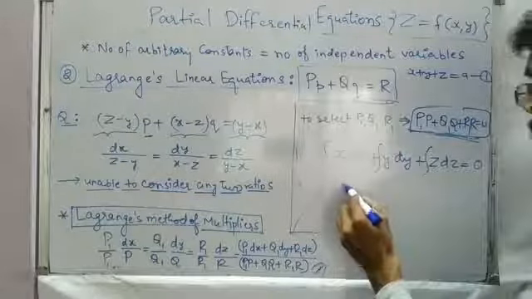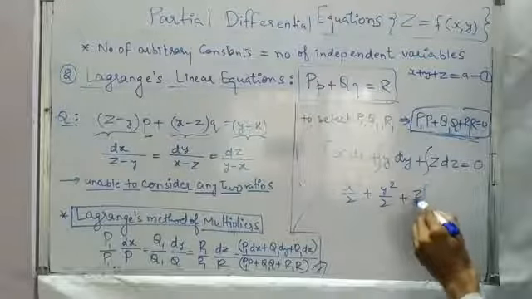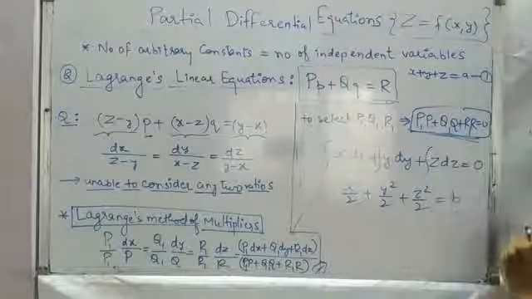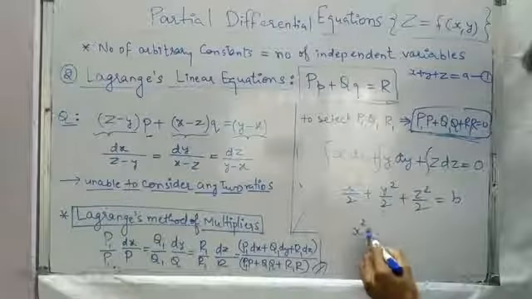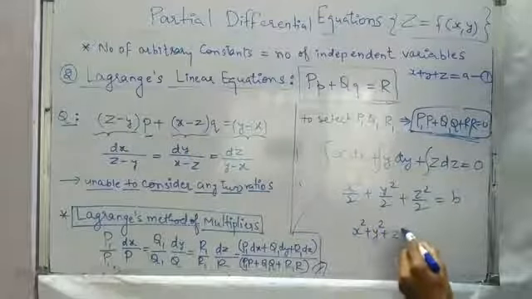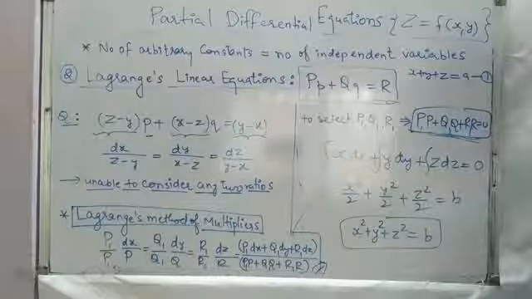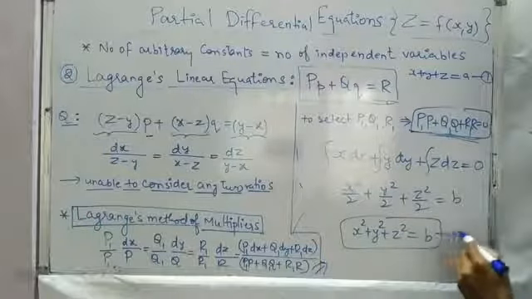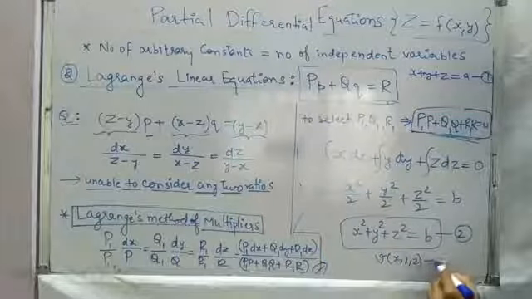We have x square by 2 plus y square by 2 plus z square by 2 is equal to another arbitrary constant, we are going to take it as b, or we can write it as x square plus y square plus z square is equal to b. That 2b we can again write as another constant. So we have the second function v of x comma y comma z.